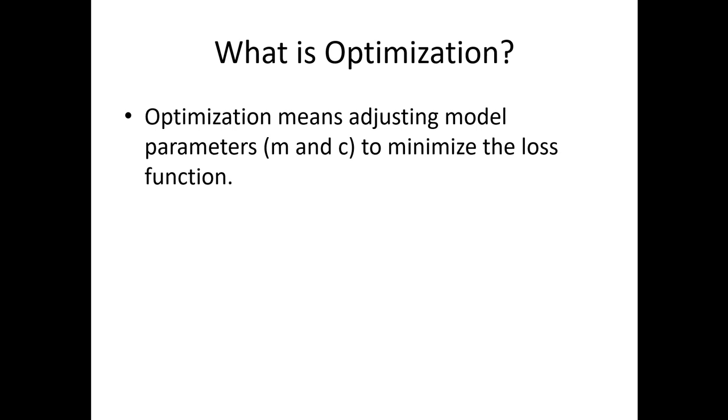Think of it like tuning a musical instrument. You keep adjusting the strings until you get the perfect sound. Similarly, in optimization, we keep adjusting the parameters until the model gives the most accurate predictions. The mathematical tool we use to measure how wrong our predictions are is called the loss function.